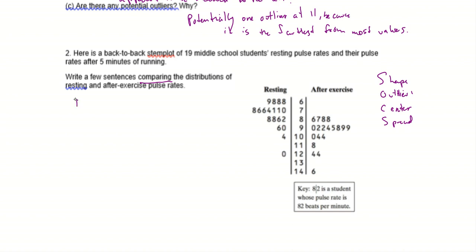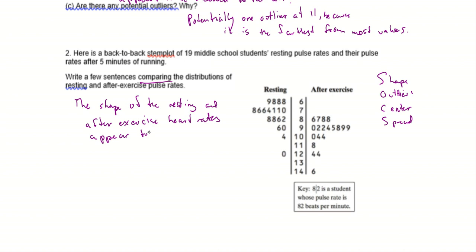So the shape of the resting and after exercise heart rates appear to be both, I think they're both skewed to the right, because we're starting here, and you can see, looking at our little key right here, this is 86, and then it goes to 146, and down here it starts at 68, and it goes all the way down to 120.